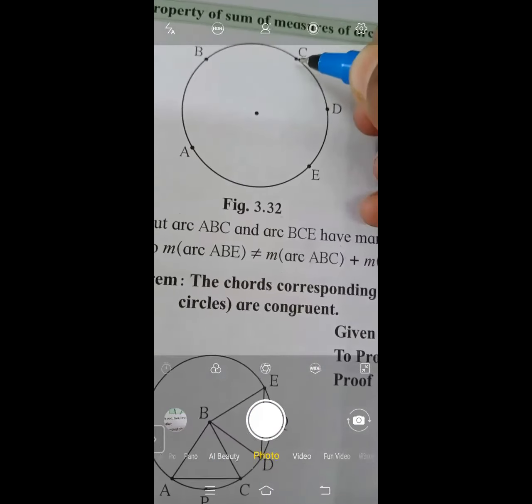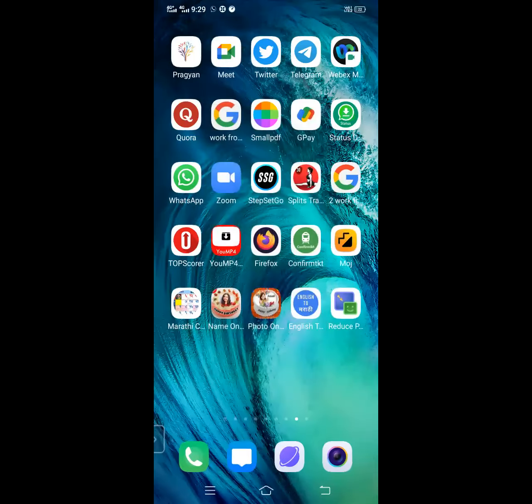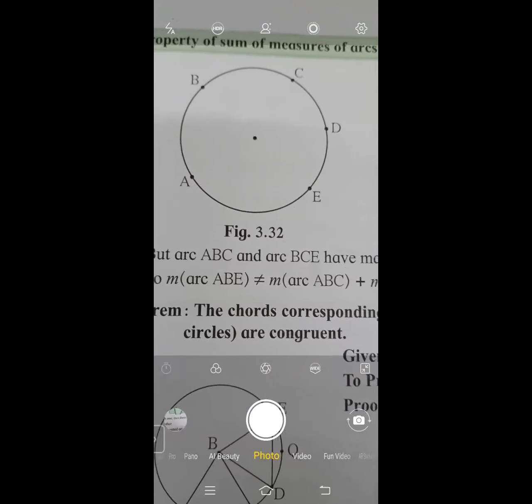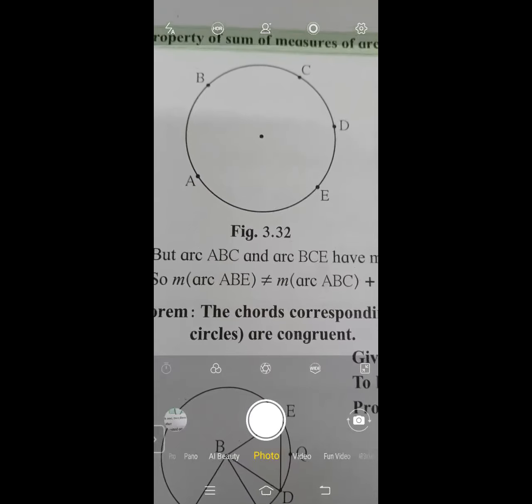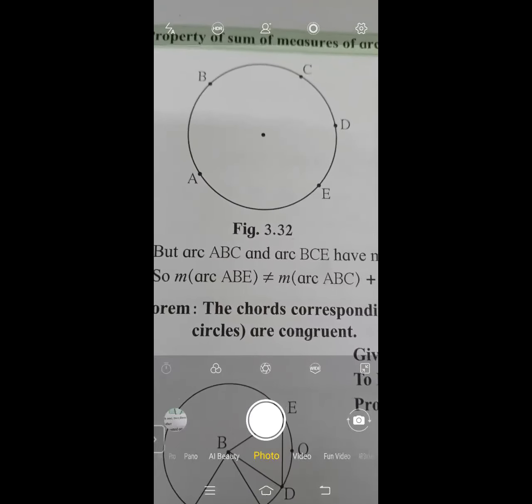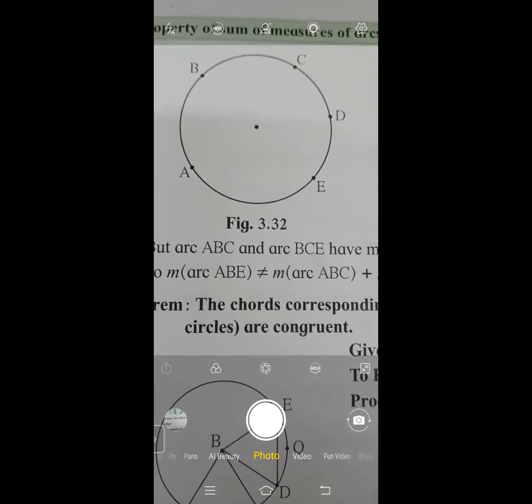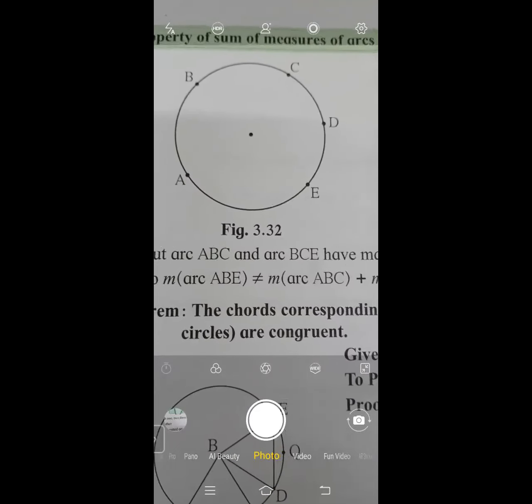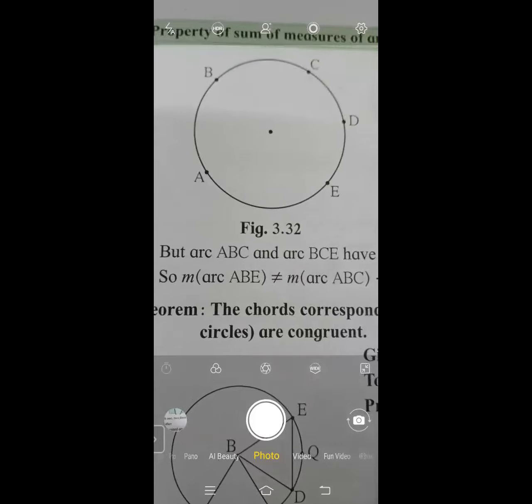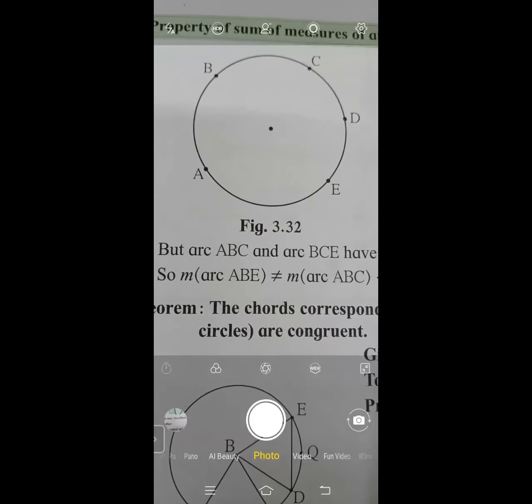The common point in this arc is C. Go through this figure once again. We have A, B, C, D, E concyclic points which are present on the circumference of the circle. Or in simple English, they lie on the circular ring.